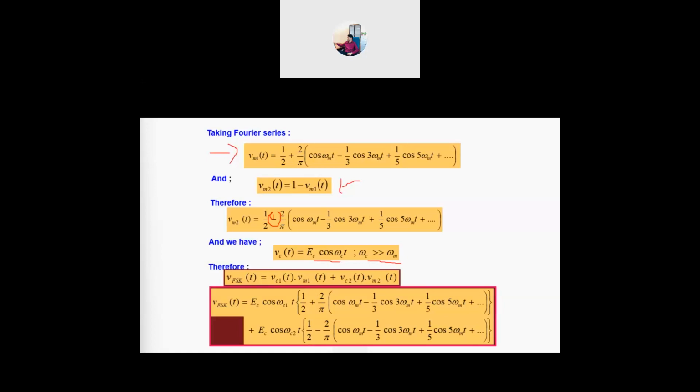To produce FSK, you need two ASK signals, but one of the ASK is inverted from the other, and ASK1 is modulated with a different carrier than ASK2. Doesn't mean F2 must be higher than F1, but both F1 and F2 must be higher than FM. That is the concept. Then you mix together to produce FSK. The question can be anything, but if you understand, it should be okay.